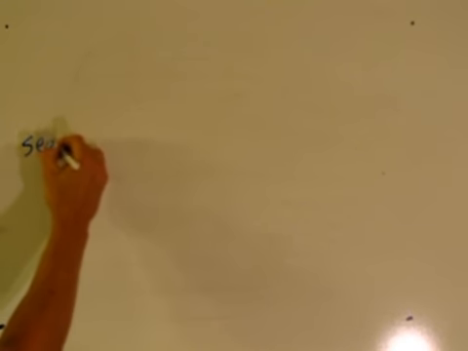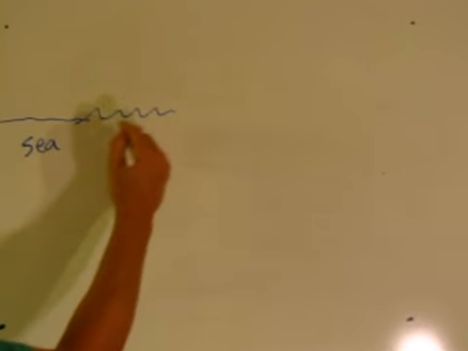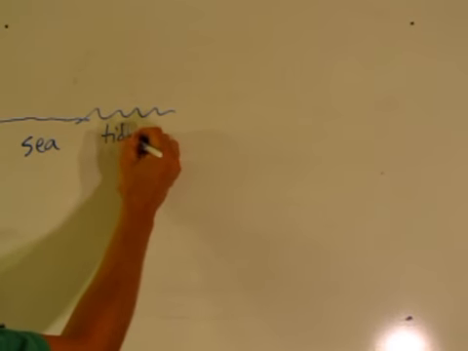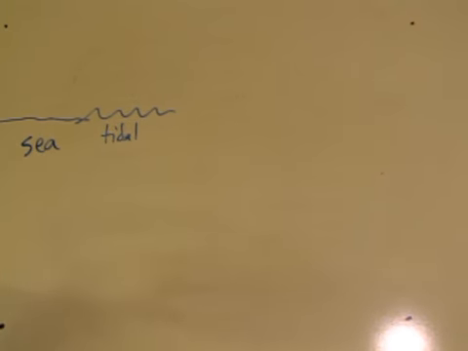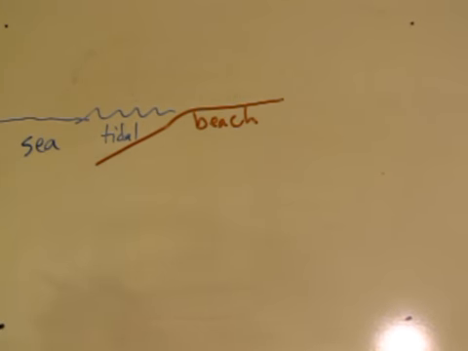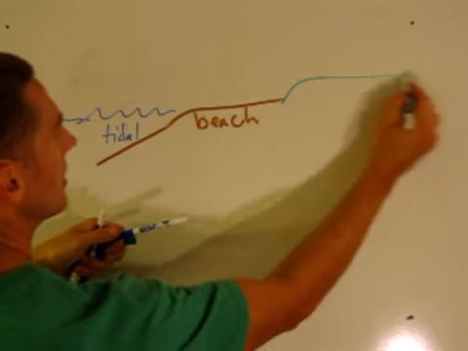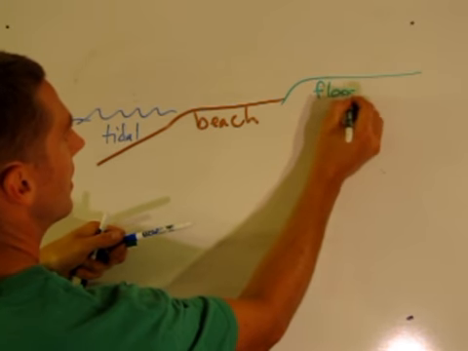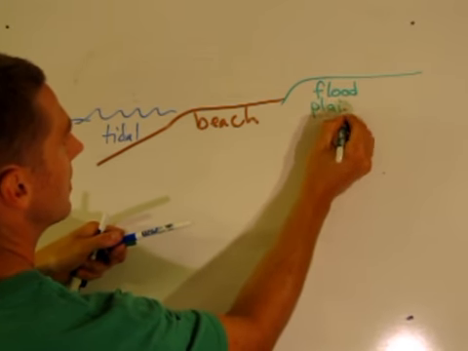Alright, so here's our sea. And then here we have a tidal region. And that would have gone up over the continental shelf and beach. And here's would have been our land and floodplain.